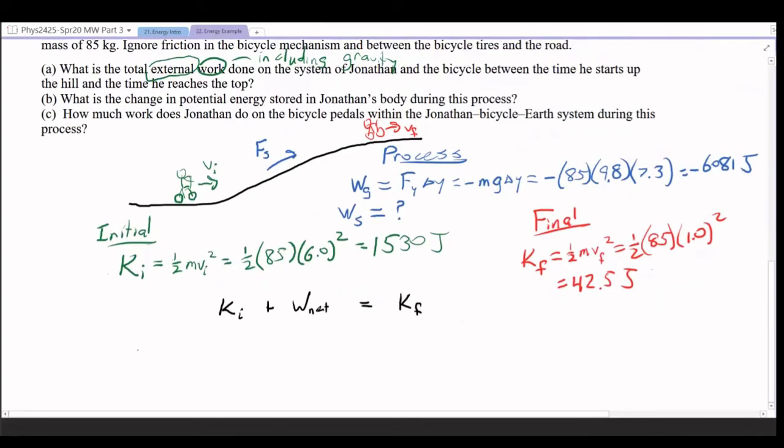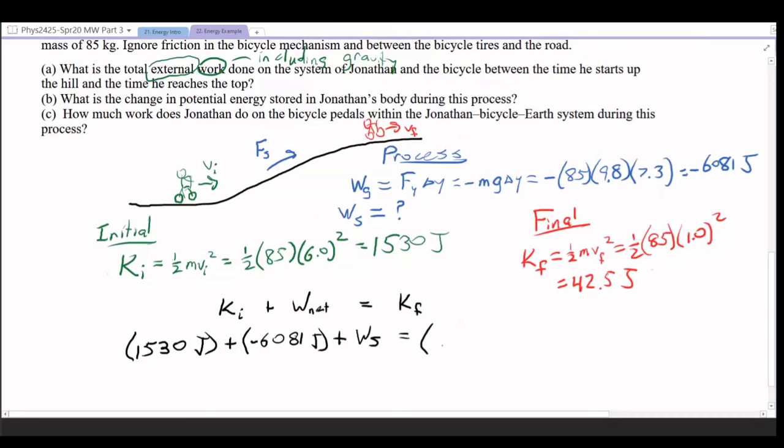So we have our 1530 joules plus the work due to gravity is minus 6081 joules plus work due to static friction. It's really internal work, but I'll call it WS. It's energy released by the person's body that turns into mechanical energy because of the static friction force. I guess that's a pedantic way of putting it.